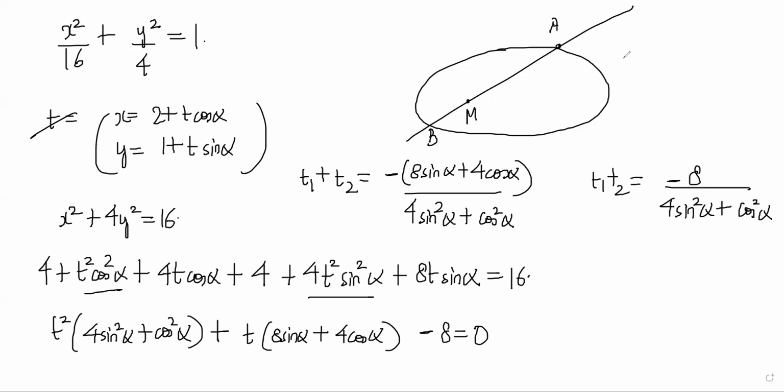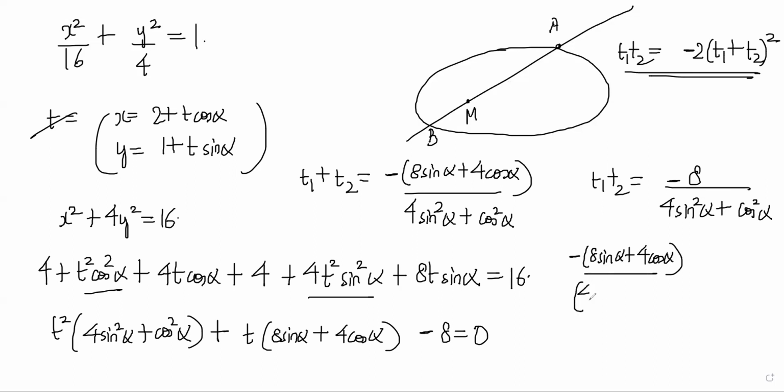We already know that t1 t2 is equal to minus of 2 times t1 plus t2 whole square. This is the result we have already established for the points A and B.